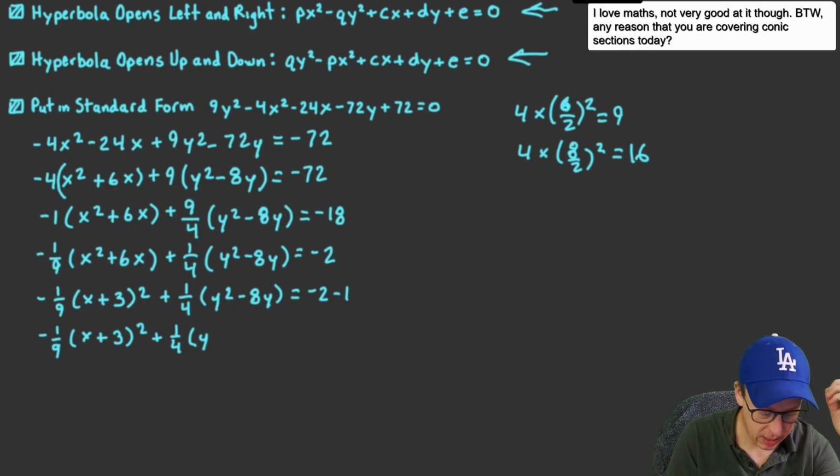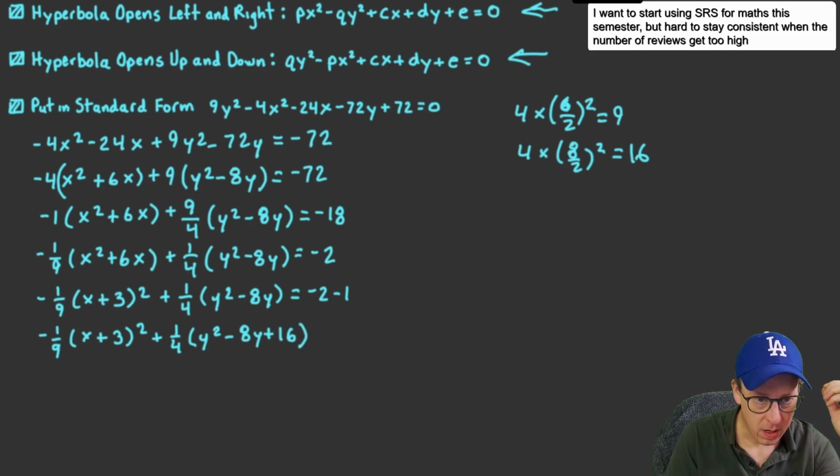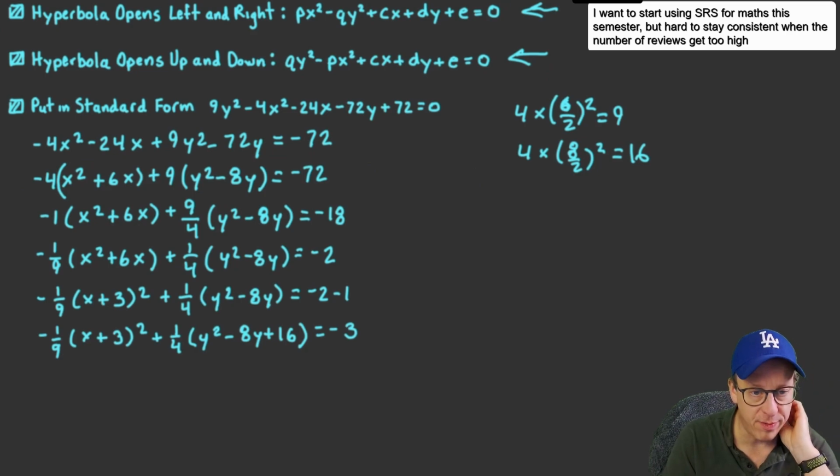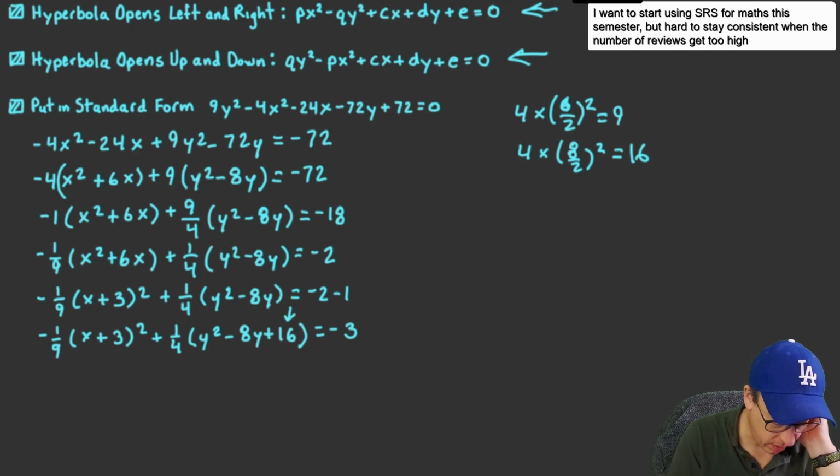So this is going to be equal to y^2 - 8y + 16. And of course, minus 2 minus 1 is going to be equal to negative 3. What I need to do is multiply 1/4 by that 16 that I added inside here. So let's complete the square and also perform that calculation.